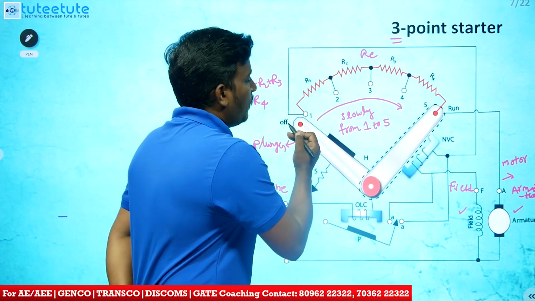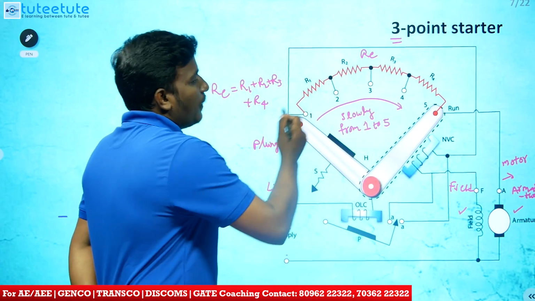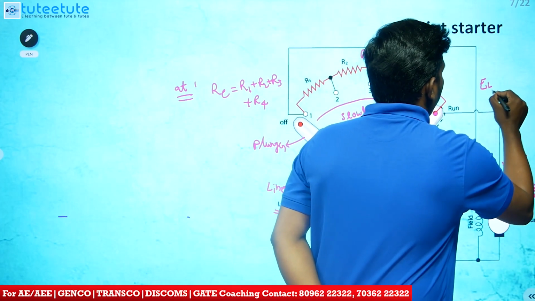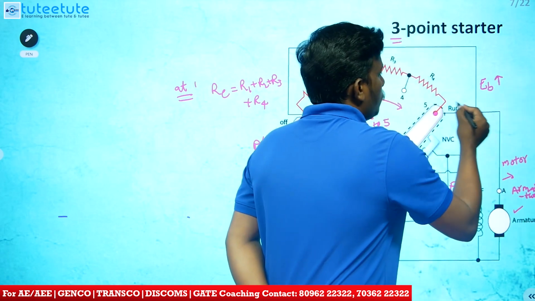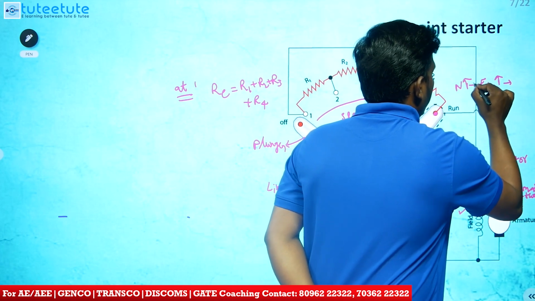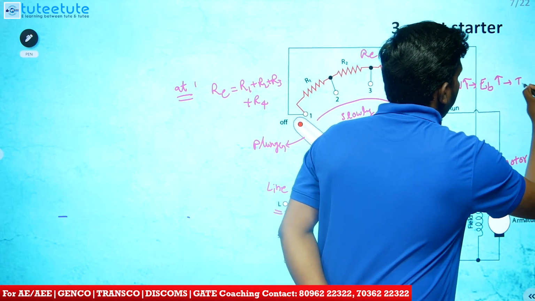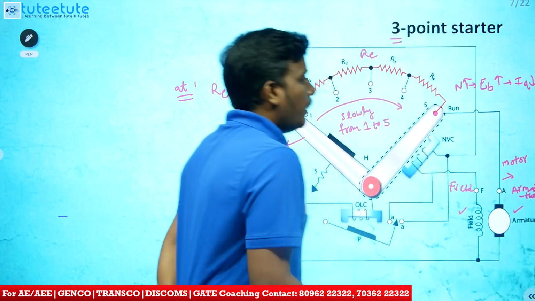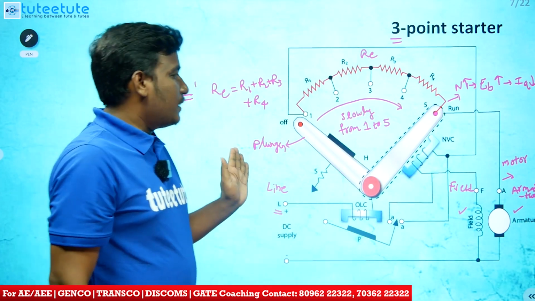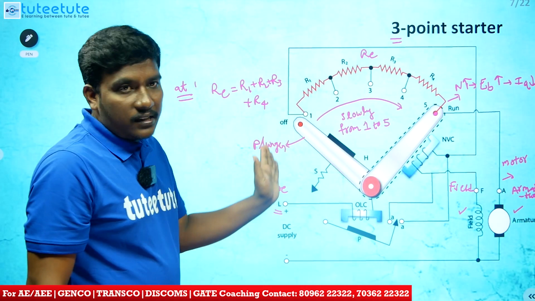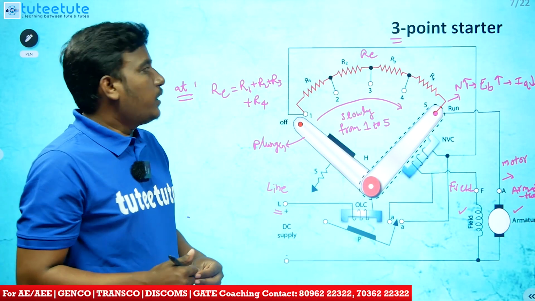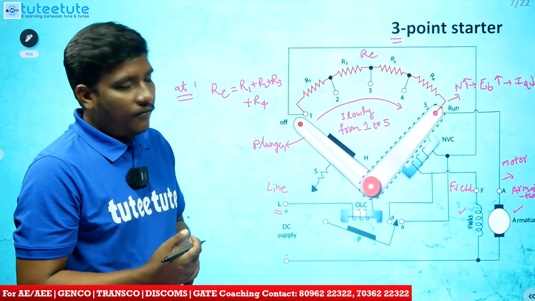Gradually we move the plunger from 1 to 5, so that by that time EB is developed. First speed develops and then EB develops. When EB develops, the armature starting current is reduced at the running condition. So we move the plunger such that the external resistance is included in the starting and nullified during the running condition. By that we can operate our motor very safely.